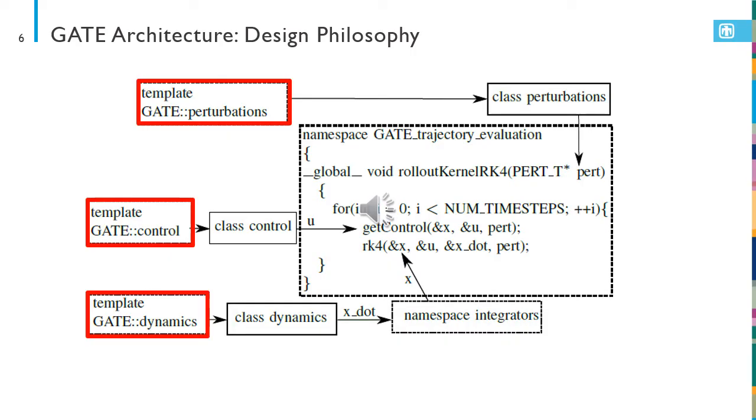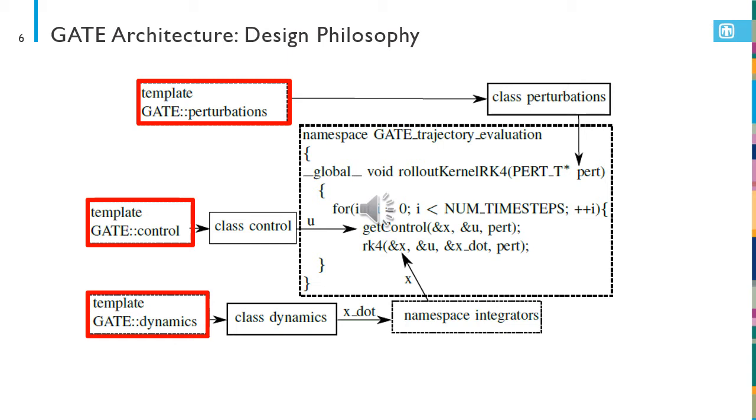The core of GATE lies in the template classes for dynamics, perturbations, and control. The user will instantiate each of these templates for their desired problem, then be able to run the rollout kernel. Inside the rollouts, the namespace integrators contains the different implementations for integrating ODEs.